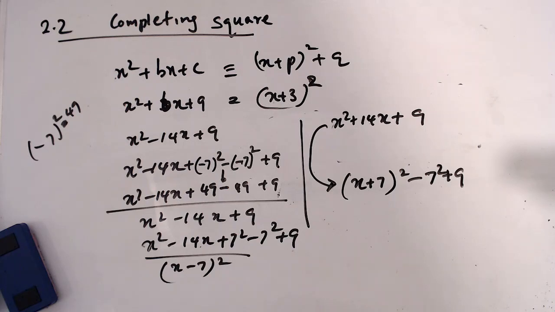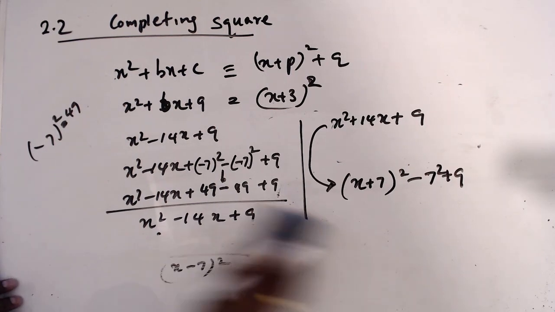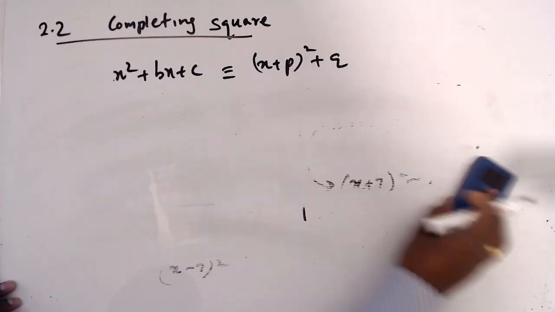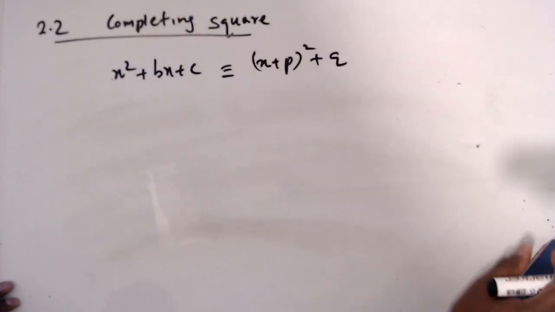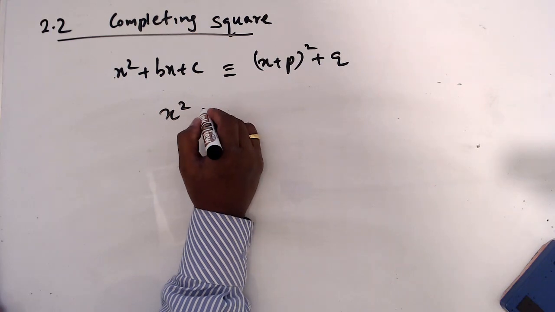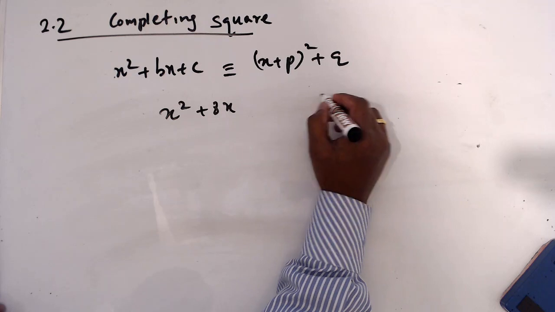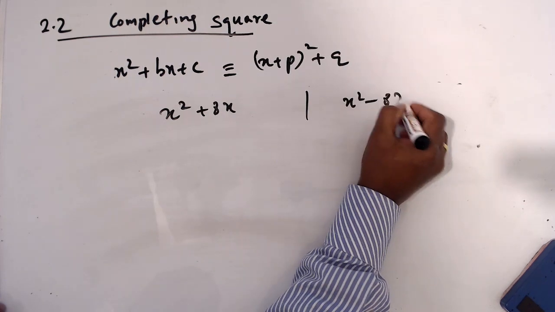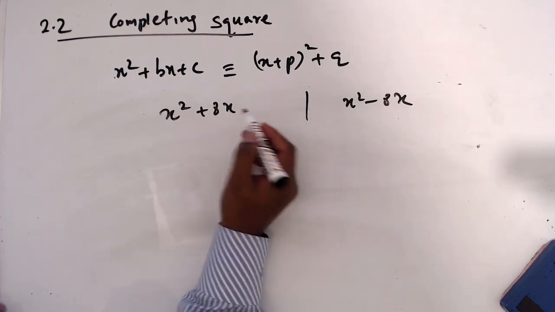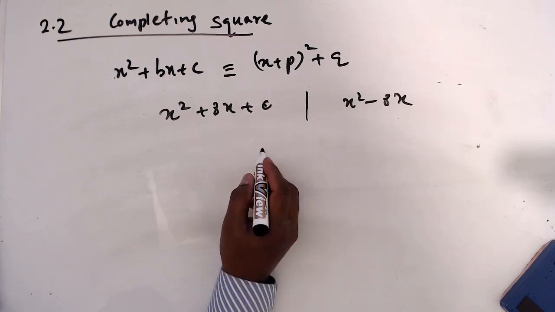Another one. x square plus 8x. So I put by my hand 0, still the same.